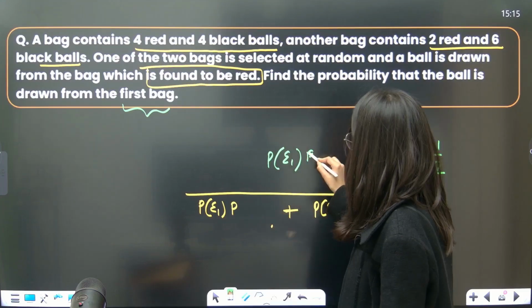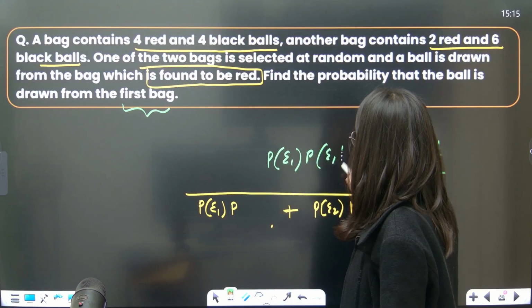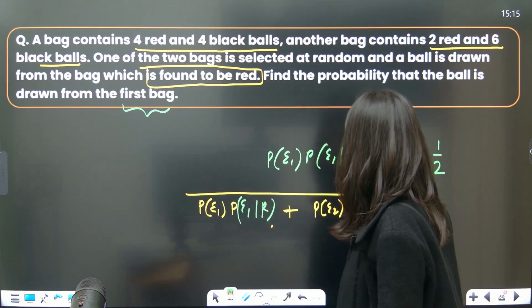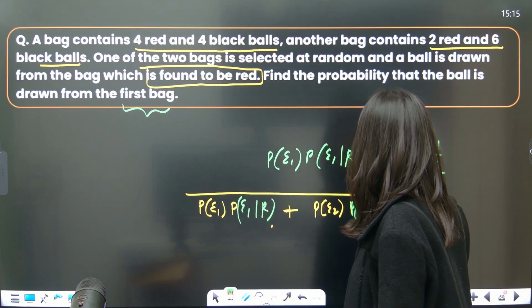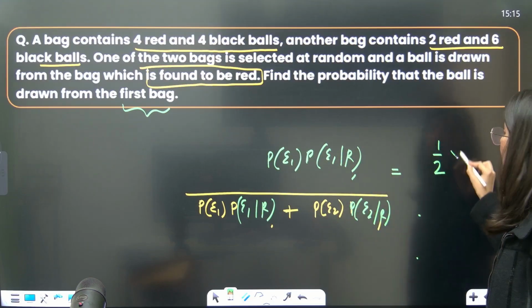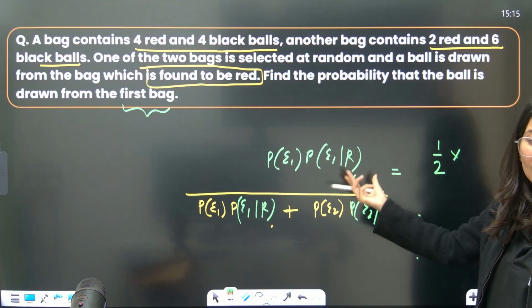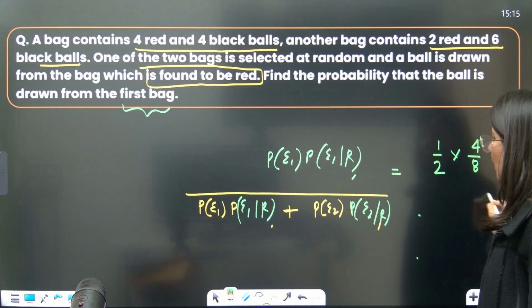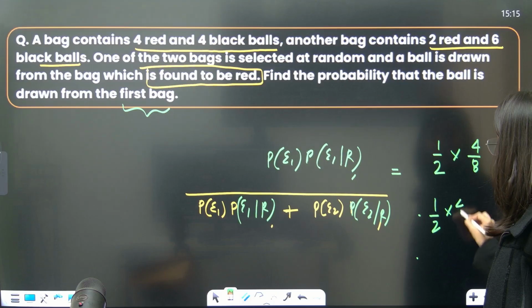Yes, probability of E1 slash R, correct? This is E1 slash R. This is also probability of E2 slash R. Yes. So probability of bag multiplied by probability of red ball coming from E1. So 4 by 8. Upon this is again 1 by 2 into 4 by 8.